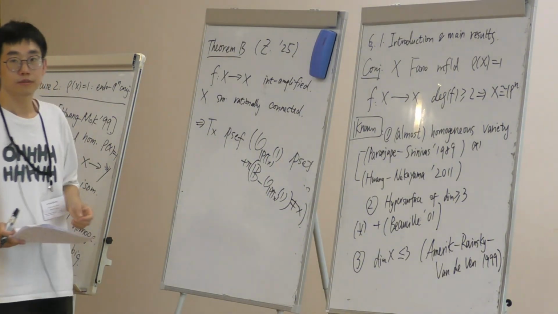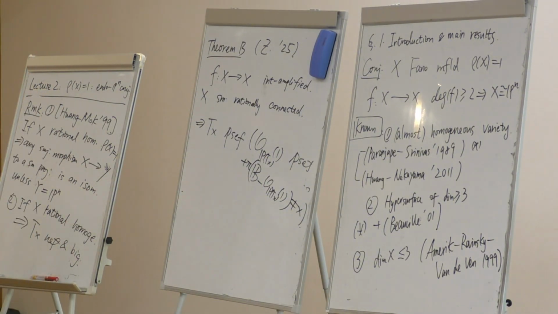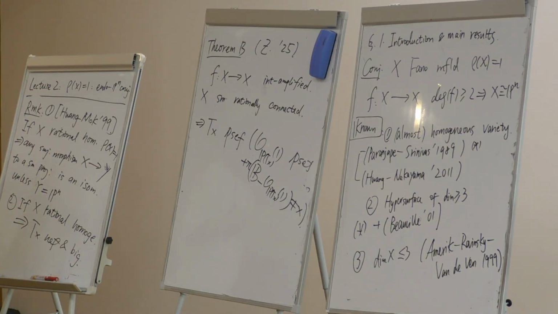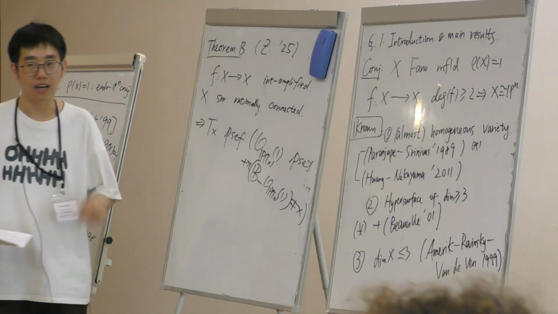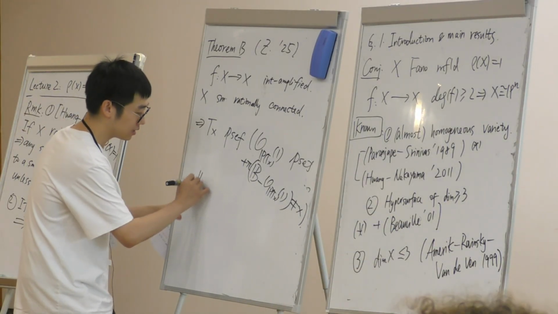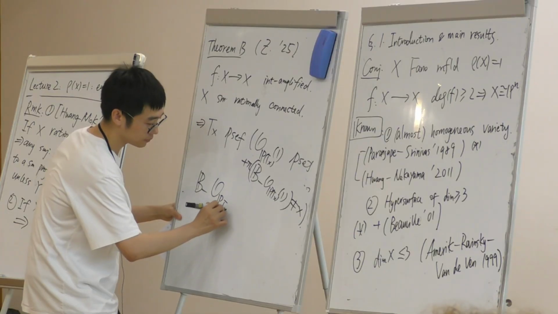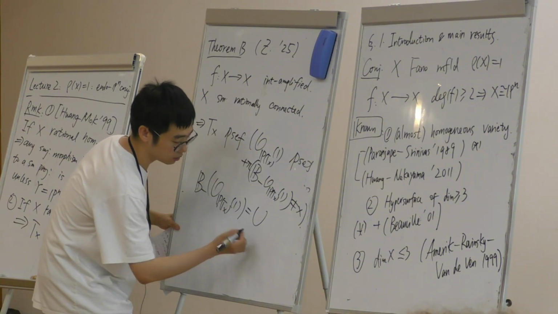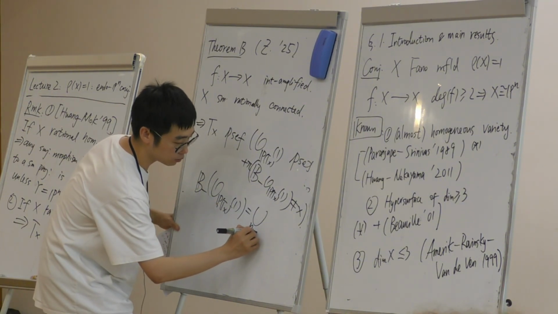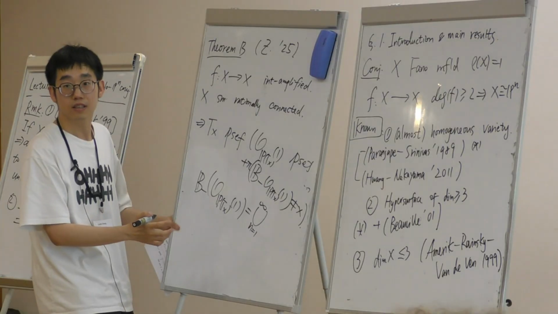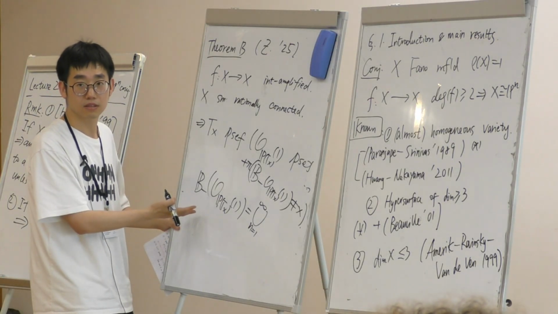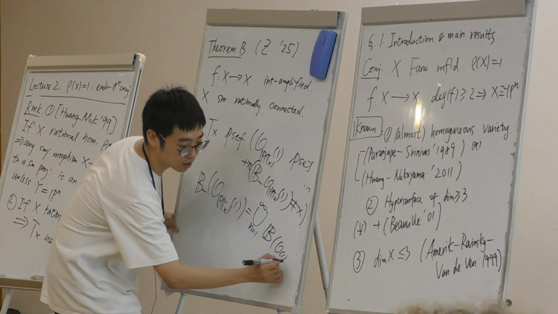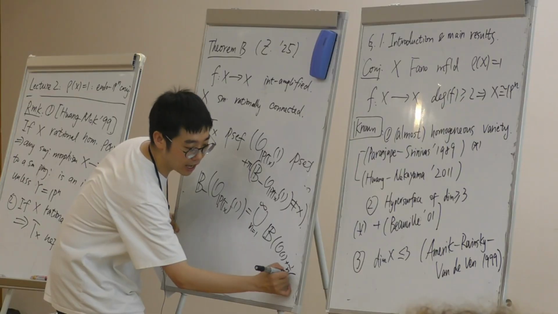Sorry, the last part, what does it mean? The restricted base locus is defined as the union, for n from 1 to infinity, of the stable base locus of the line bundle after you add some very small ample divisor.